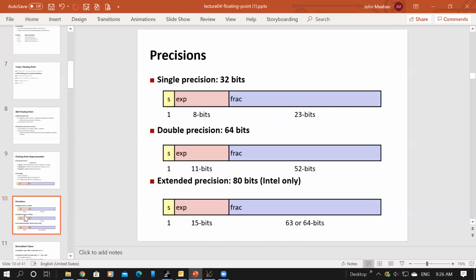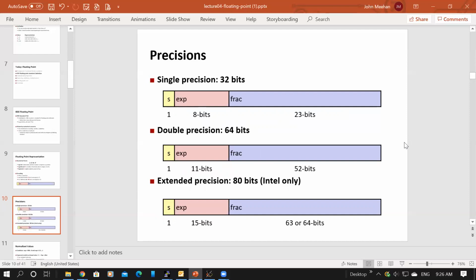So depending upon the precision that we're working with, single precision, double precision, or this crazy Intel extended internal precision thing, you get a different number of bits dedicated to hold the exponent and the fraction. So our 32-bit floating point numbers, like if you declared a float in C, this is what you would get. If you declared a double in C, you'd get that double precision floating point, right?